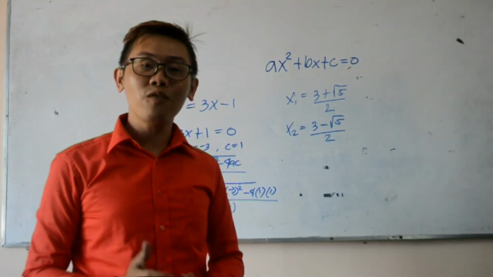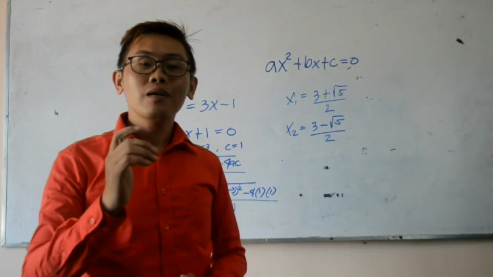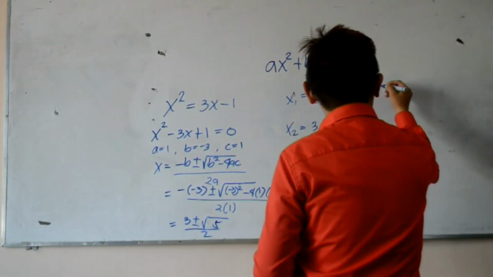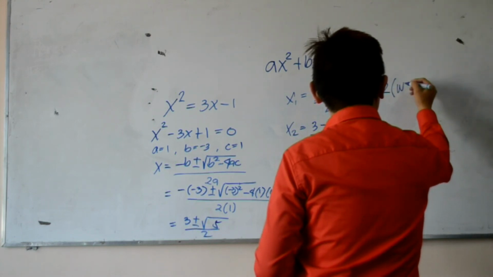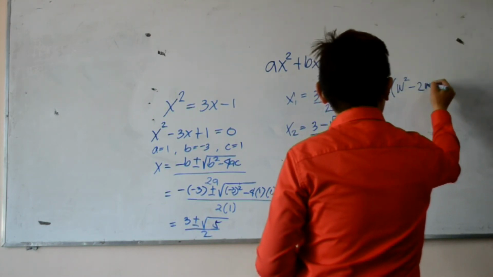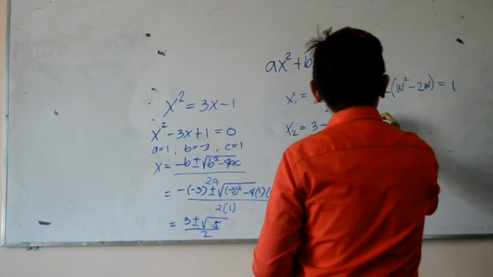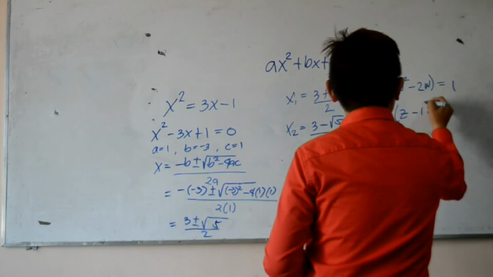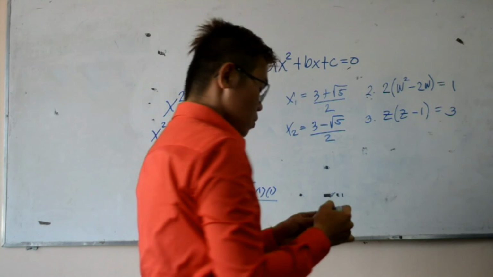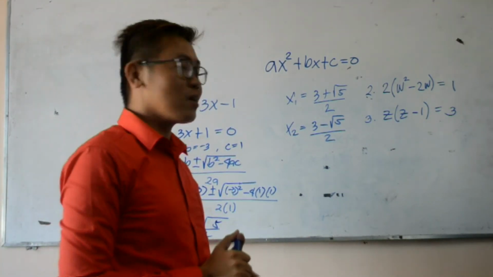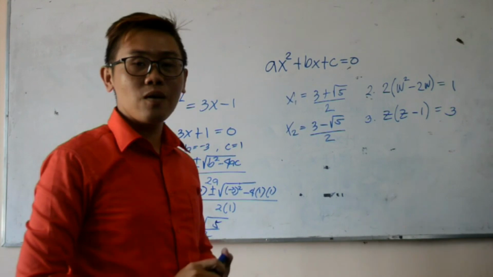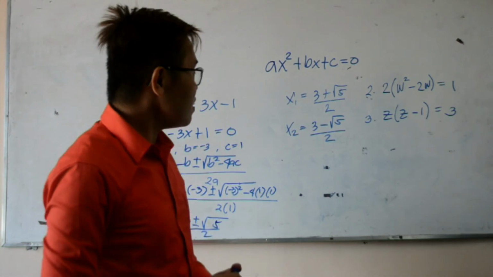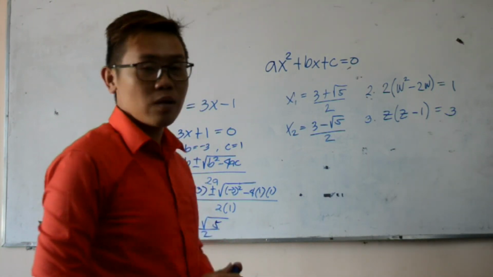Now, I will let you solve the two remaining problems using the quadratic formula. We have the second quadratic equation, 2 times the quantity of w squared minus 2w is equal to 1, and z times the quantity of z minus 1 is equal to 3.